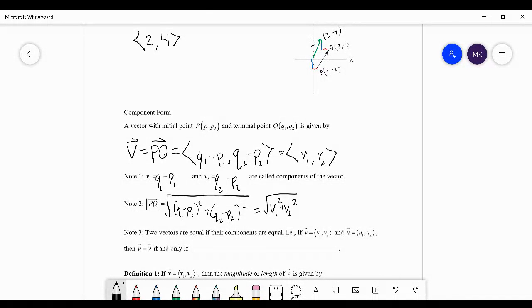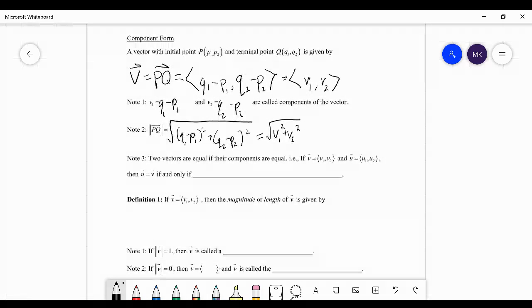So in other words, taking the square root of adding these things together. The things we're adding have been squared, and the things that are being squared are the components. Makes it sound really crazy, but it's really very simple.